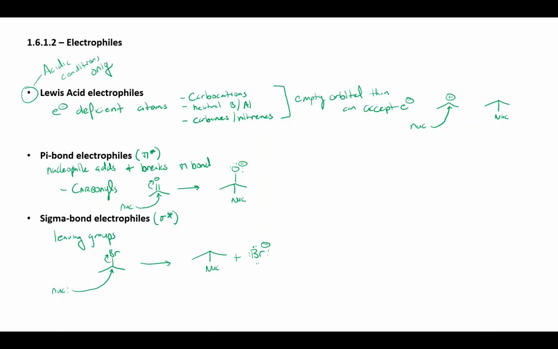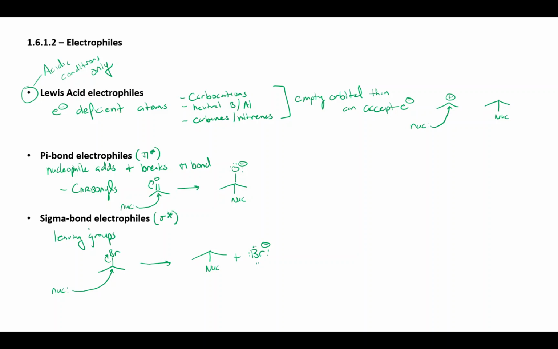In order to have these electron deficient atoms, we can't have any bases around. And that kind of makes sense, right? Bases are going to have lots of electrons. They're going to share those electrons with any electron deficient atom that they see. And so any Lewis acid electrophile would immediately be reacted under any kind of basic condition. It would be very hard for this to form, right?